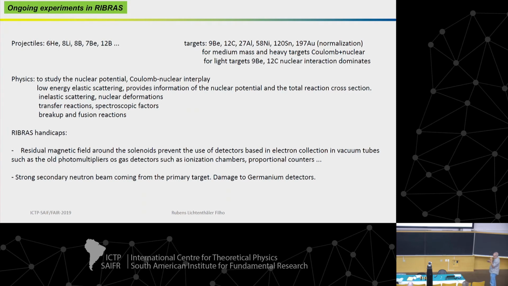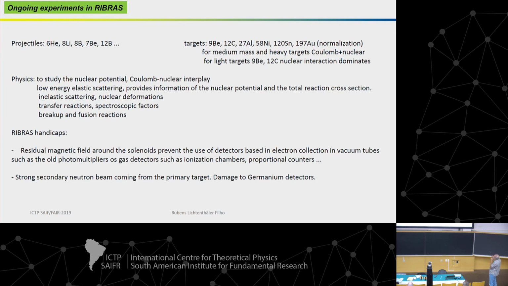Okay, now I'll talk about different experiments that are in progress in RIBRAS. So here I put a list of projectiles that we are studying. Helium-6, lithium-8, boron-8, a candidate of proton halo, beryllium-7, boron-12.